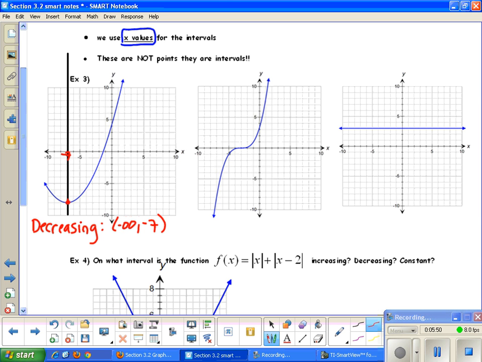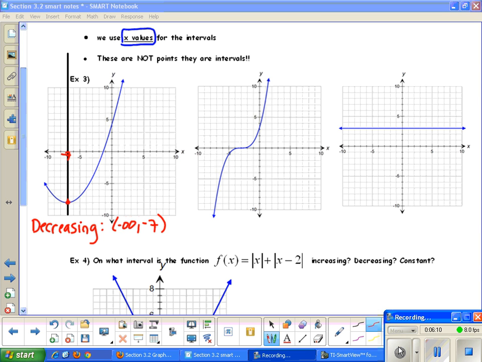For increasing and decreasing, we are going to use parentheses for that value because at the maximum or minimum point, it's the point where your graph is changing. And since that's the point where your graph is changing, we don't include it because we don't say that it's increasing nor is it decreasing at that value.